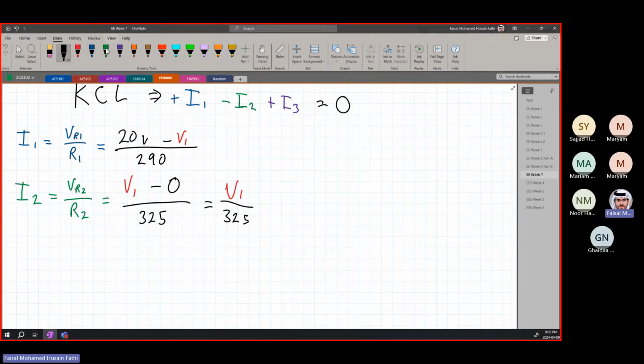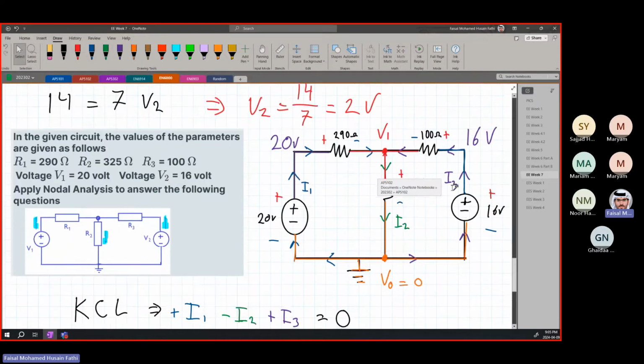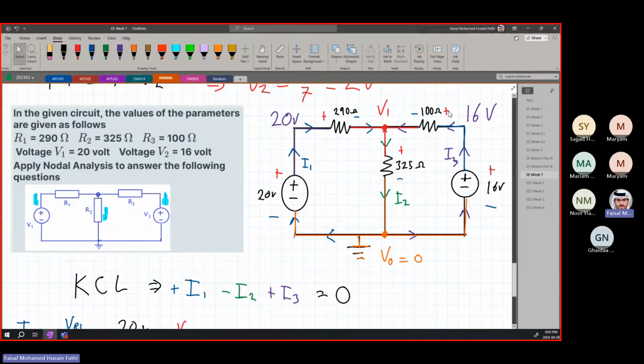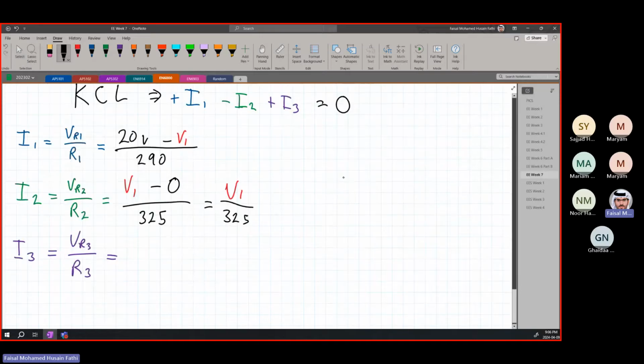Now the last one is I3, which is equal to VR3 over R3. Again, we're going to look at VR3. Where's the plus sign? The plus sign is to the right side. Keep that in mind. So the polarity is going from the right to the left. That means it's 16 volts minus V1.